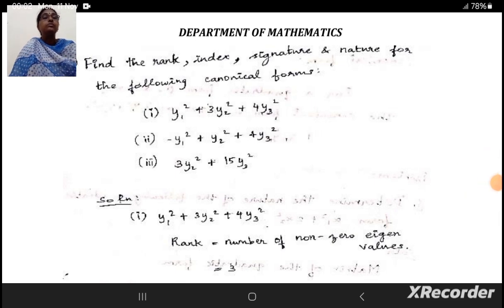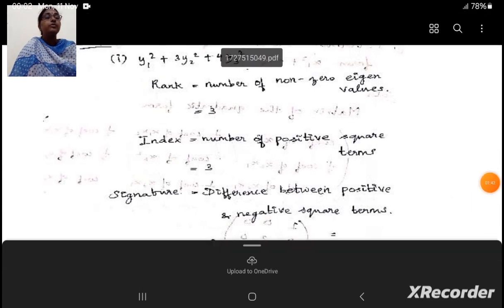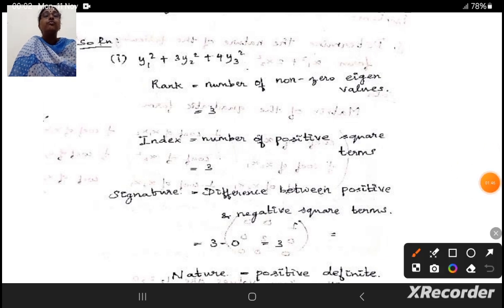The first sum is y1 square plus 3y2 square plus 4y3 square. So the coefficients are 1, 3 and 4. All the values are non-zero eigenvalues. 3 values we got. So the rank is 3.